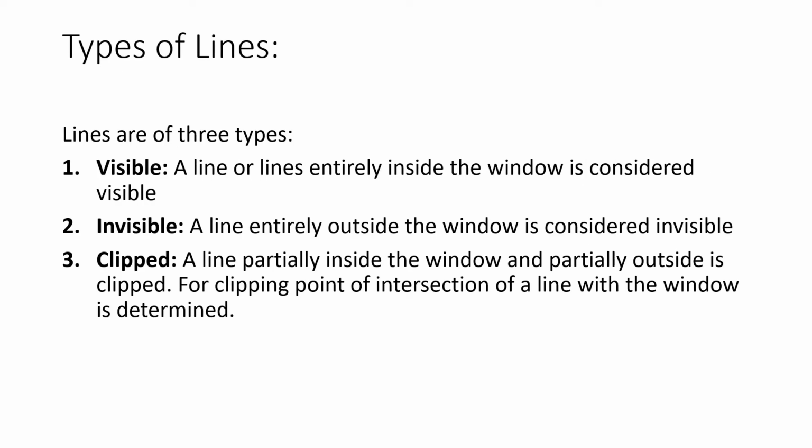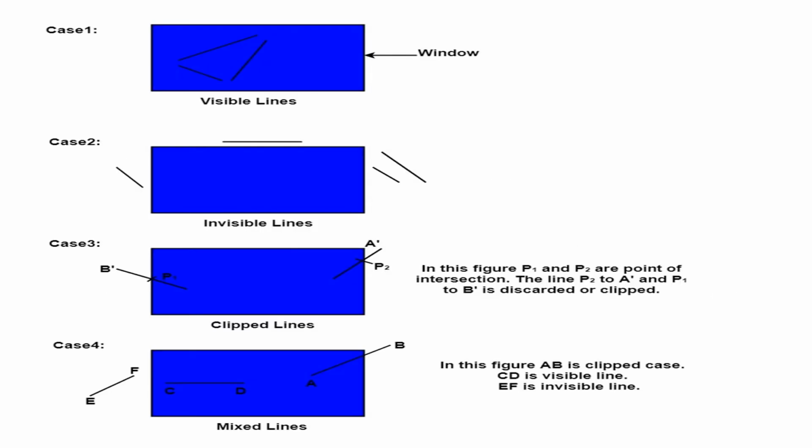Here we have three types of lines present. First is visible, second is invisible, and third one is clipped. Visible, we can see in case 1. This is a rectangular window. Inside this window we can see three lines, and we can see that these three lines are completely inside the window.